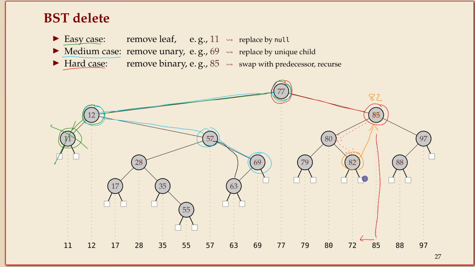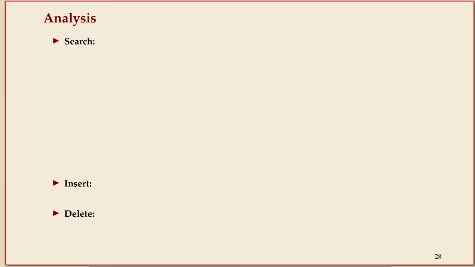Let's briefly see how expensive all of these operations are. And then I promise we'll do a little break. So for search or operation get in the ADT, all we did was the find operation.